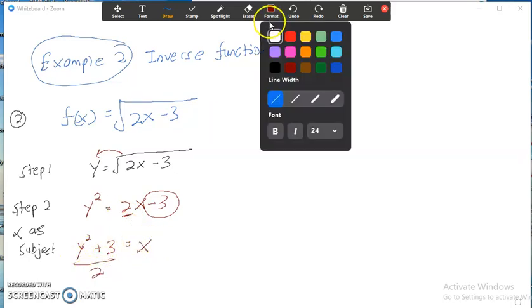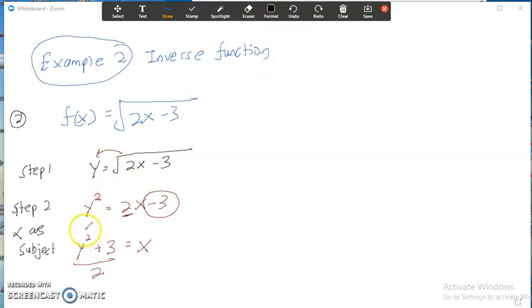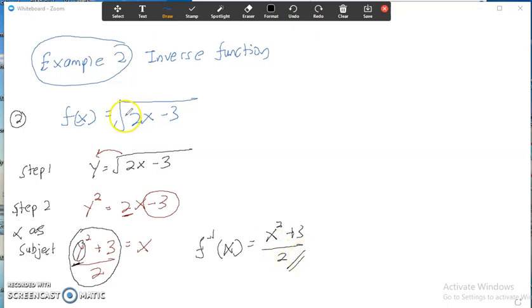Now this is your answer, but you still have the last step to follow. You just have to change the y into x. So you have x squared plus 3 over 2. So this is the answer for this question.